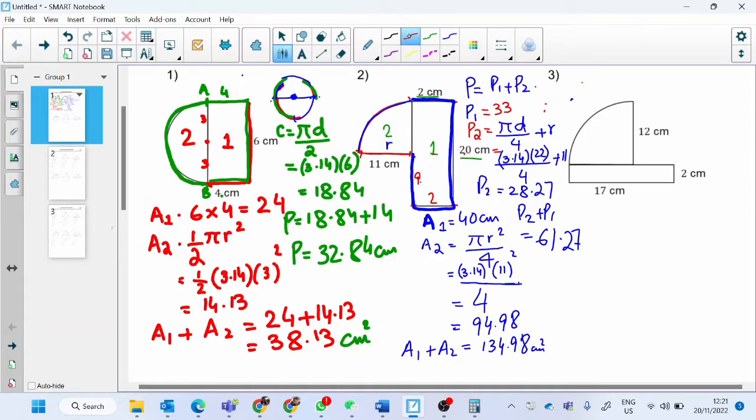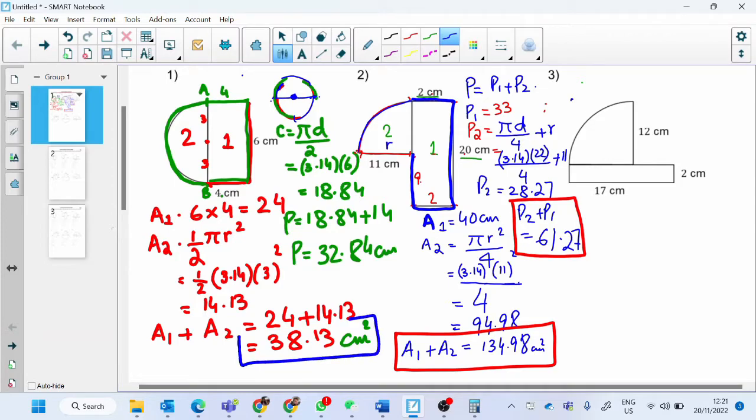So this is how we calculated the area of this composite shape and the perimeter of the composite shape. So these two are our answers, and in the previous one this was our first answer.